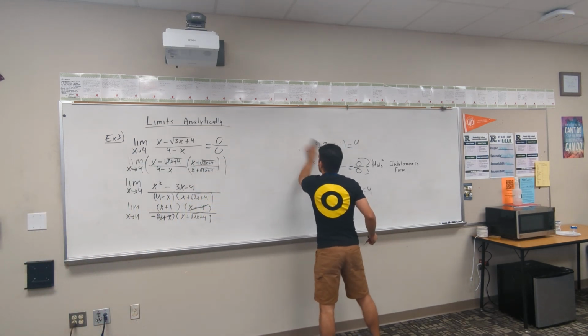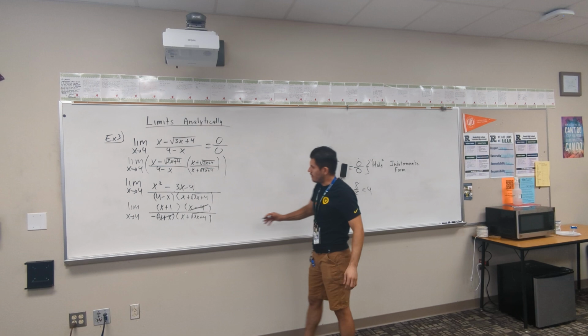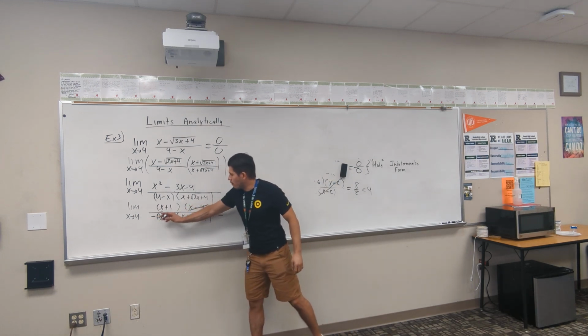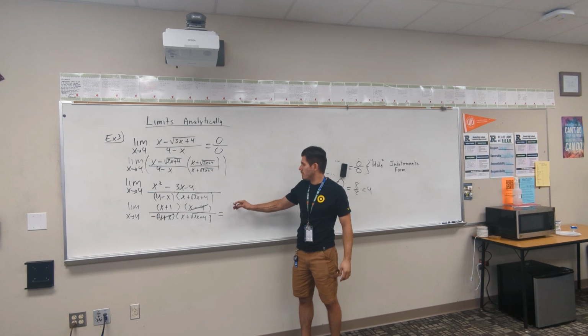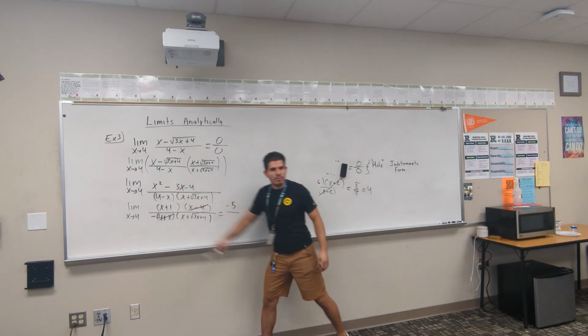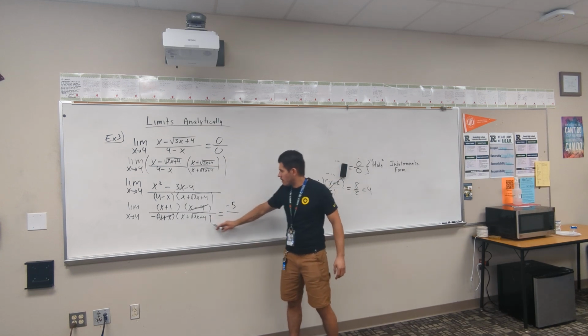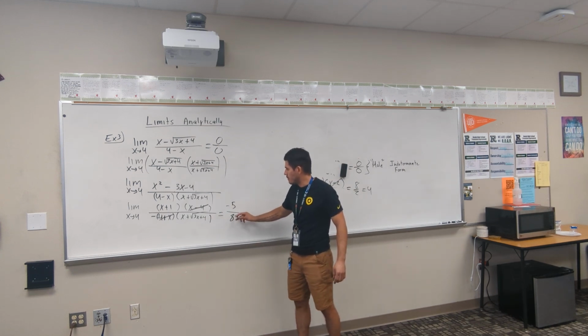So what do you think? I don't have a lot of room, but can I use substitution now? As x approaches 4, for x plus 1, that gives me 5. I'm going to throw the negative here, even though it's at the bottom. And then the bottom, I got positive 8, since I put the negative on the top.